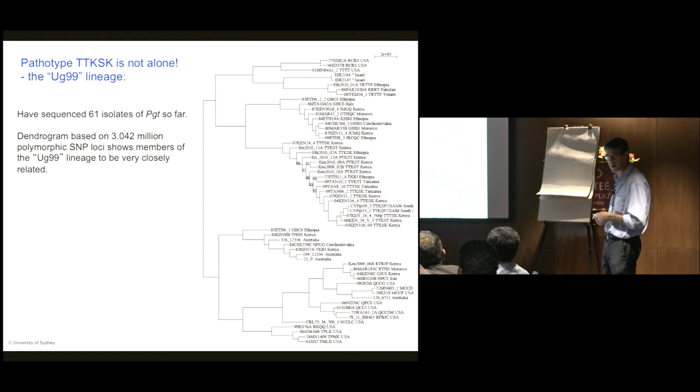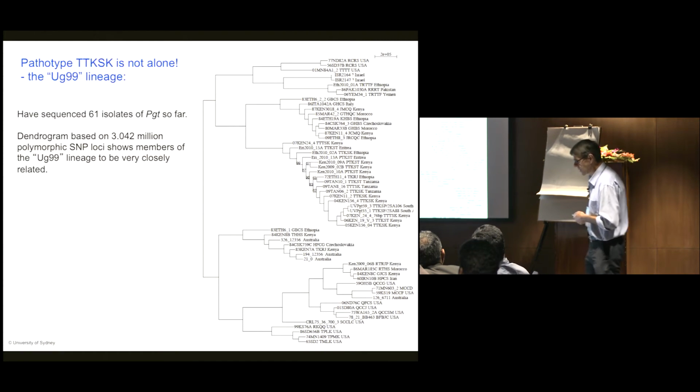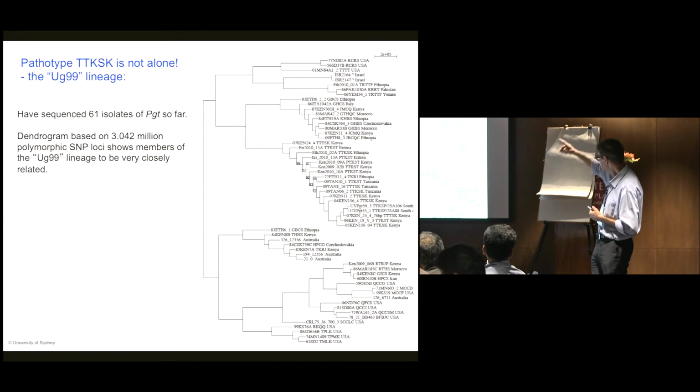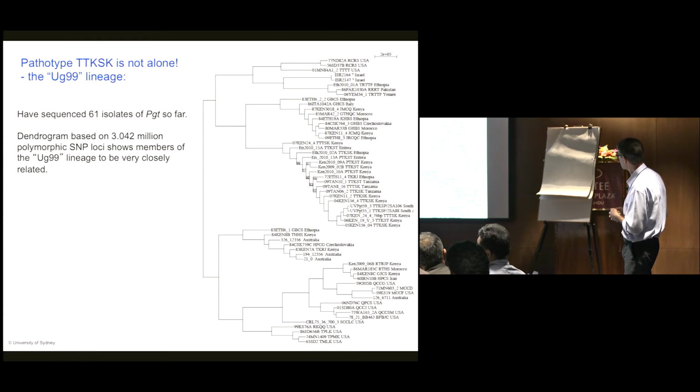This work was done by Dr. Les Szabo in North America. And the dendrogram is based on 3 million markers. That's a lot. 3 million polymorphic, what we call SNP markers. I won't go into the detail now, but that's like looking at 3 million different traits in the pathogen genome and comparing them across those 61 isolates and then drawing a figure that shows the similarity between things.